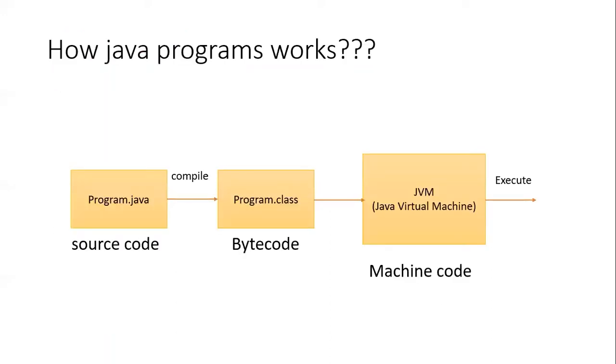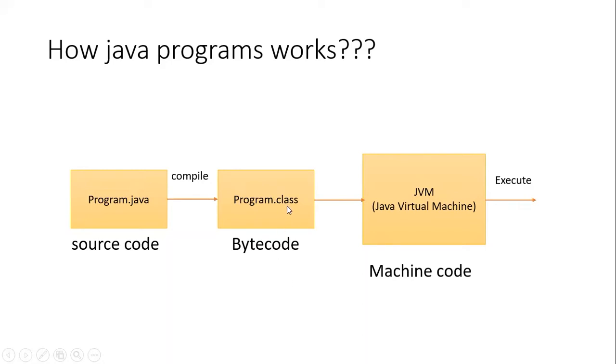This is how a Java program works. First, you have to create the source code and save the file with the .java extension. After compiling, the source code is converted to bytecode, and a file is generated with the .class extension.